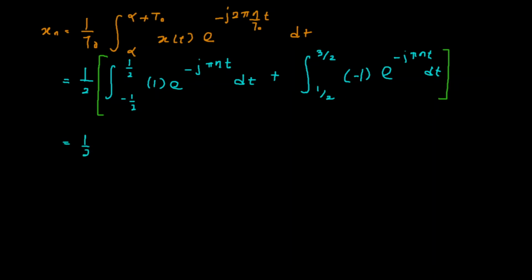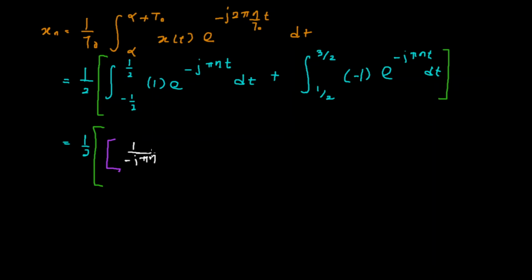So I'm going to use different colors to show you the differences. A different color for the bracket I'm referring to. So I'm going to use maybe this color. This represents whatever is happening in this integration. So if you differentiate this, you're going to get negative j pi n.